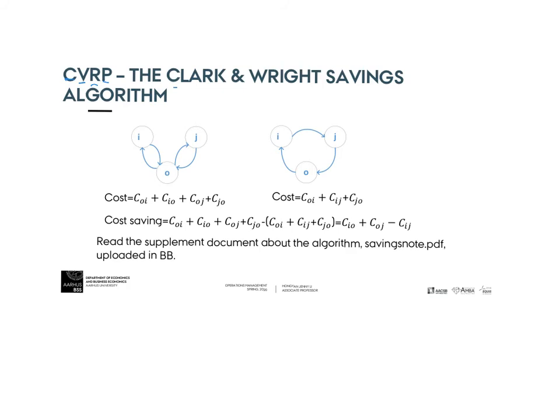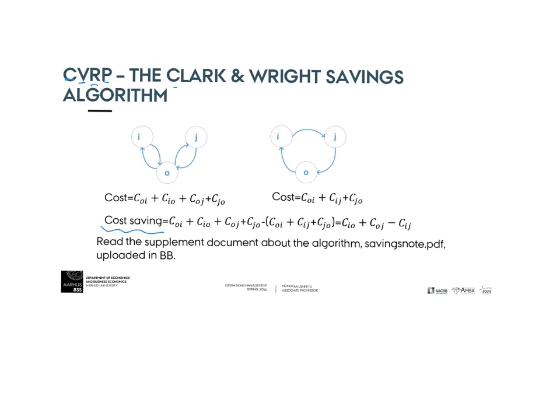The core idea of this algorithm is that you pick any two locations on a map, and if you could save costs by connecting these two points together, we should be able to calculate the cost savings.